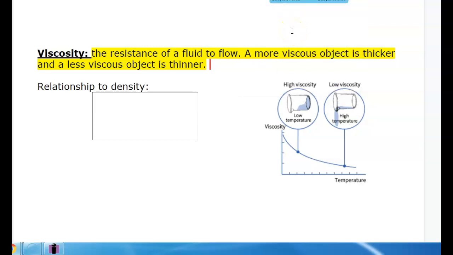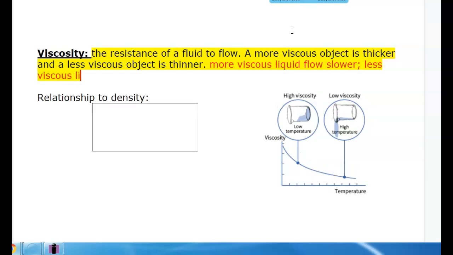That means that more viscous liquids flow slower. And here's why that's confusing, because those two words are opposite. More viscous means flowing slower. Less viscous liquids flow faster. Okay, so that's why that one is hard to remember.